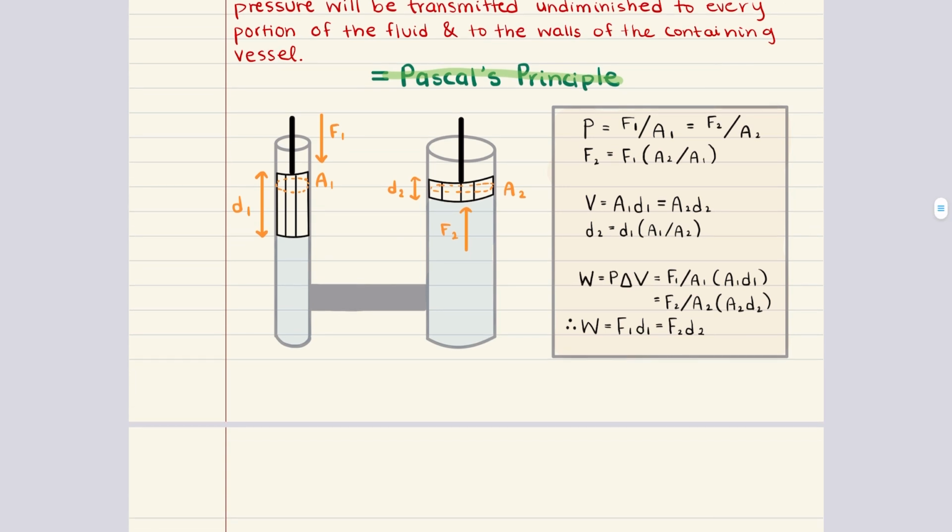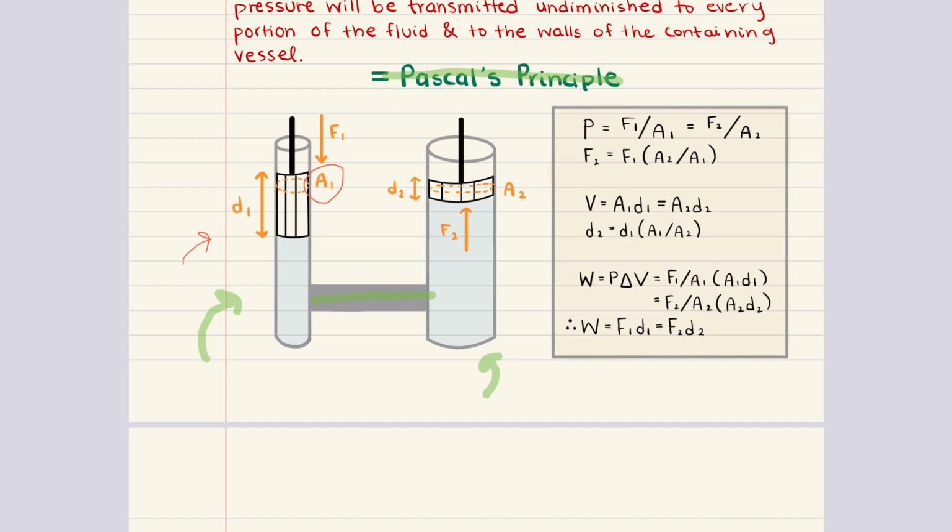In this system, we have a closed container filled with an incompressible liquid, typically an oil. There are two pistons, each with a different cross-sectional area, and they're connected by a fluid-filled chamber. Now, on one side, we have a small piston with a cross-sectional area of A1.